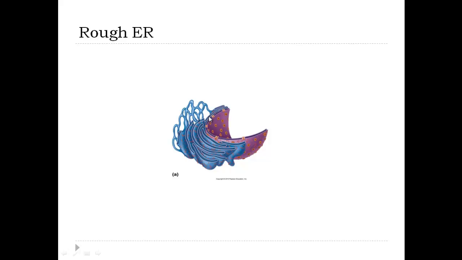We'll see it's continuous with the nucleus in terms of its membrane, and then it extends away from the nucleus throughout the cell. Again, the rough ER has these dots on the surface, which are ribosomes, and the function of the ribosomes is to make proteins, and the rough ER will take those proteins made on its surface and modify them into their final form. So that's the rough ER.